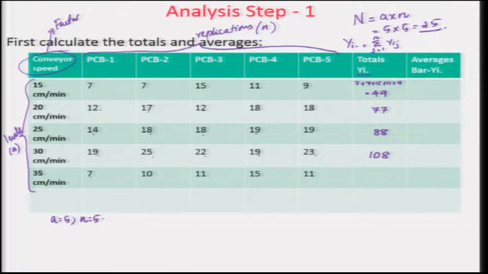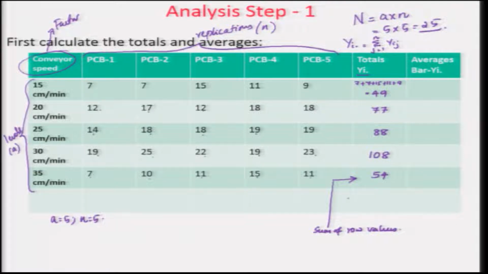The last one is 7 plus 10 plus 11 plus 15 plus 11, which should give you 54. So, these are the individual sums. As I said earlier, these are the sums of the rows. Each individual row's values are summed.